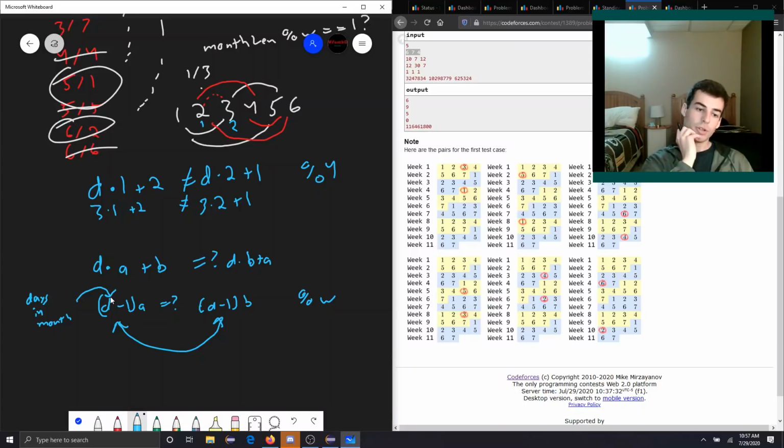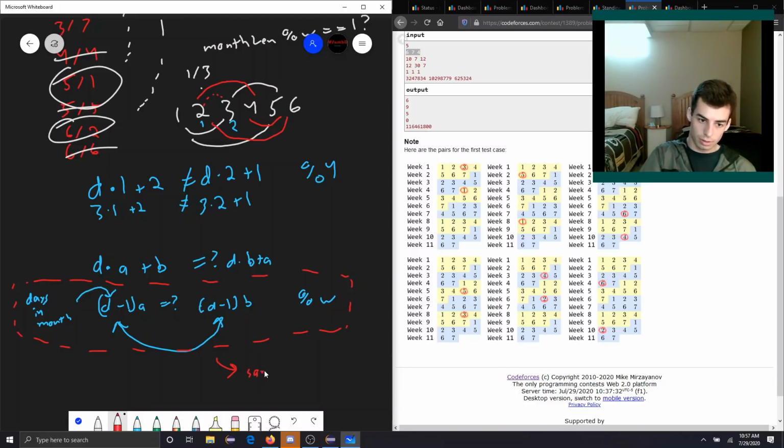So that's the question. Then everything that's like this, all of these things are in the same group, which means all pairs will work.